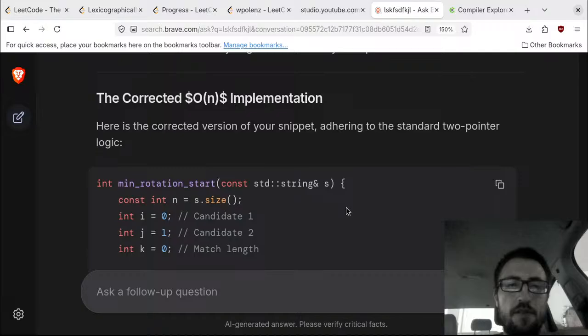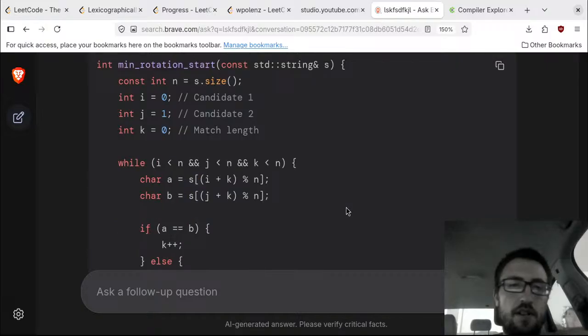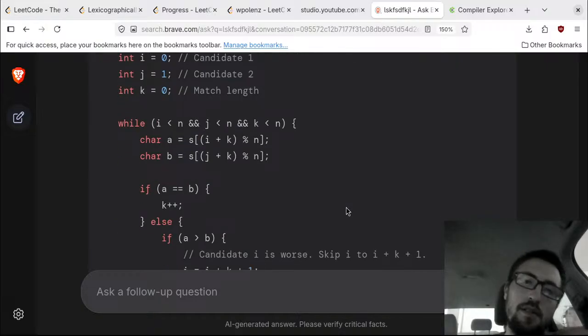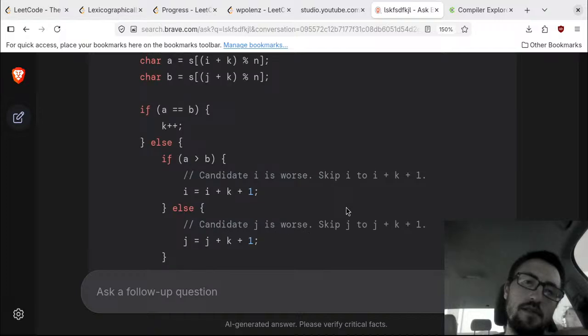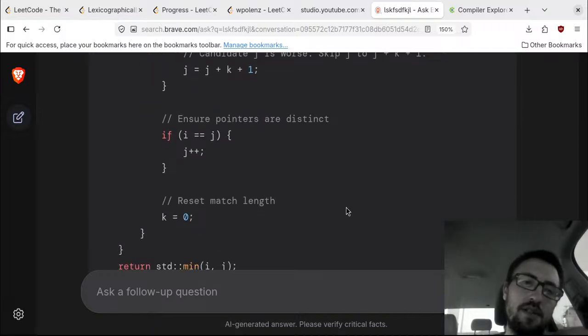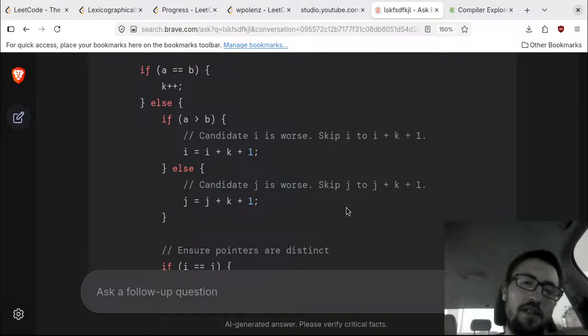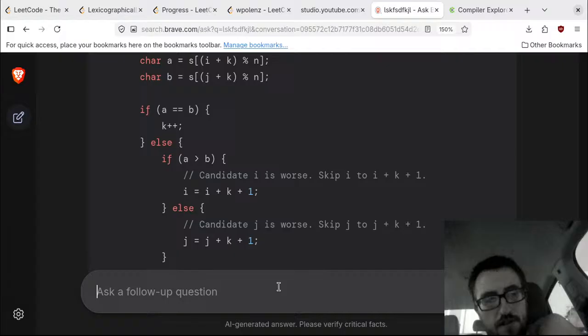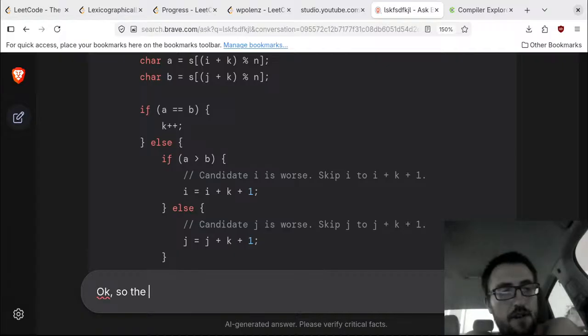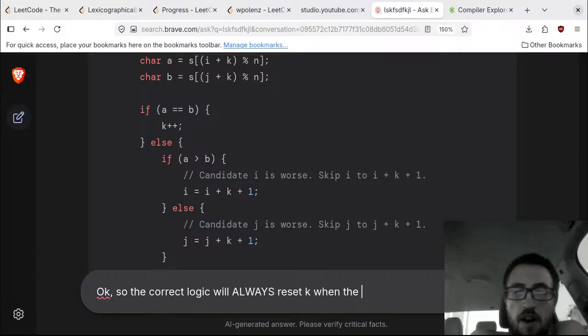Okay, corrected version. So A greater than B. So the correct logic will always reset K when the characters differ.